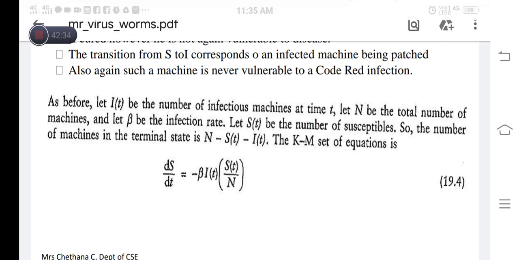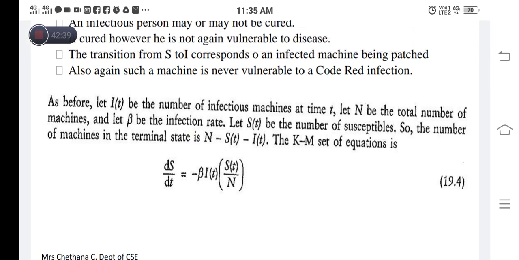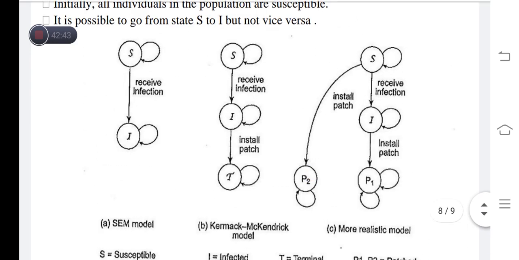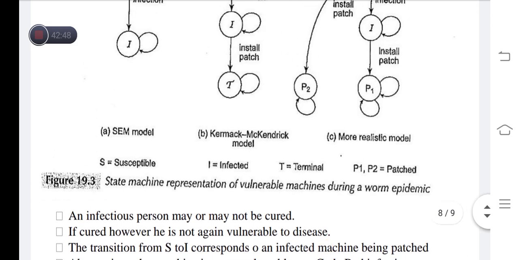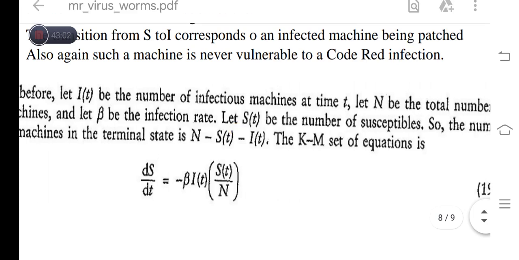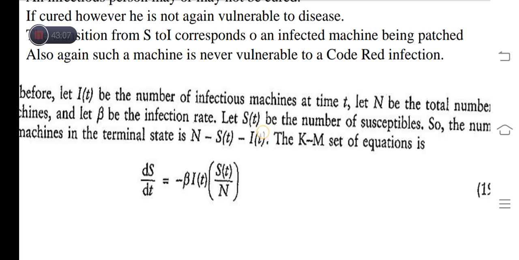The terminal state is the transition from the state I to the state T, the machines which are never vulnerable to infection again. So the number of machines in the terminal state is the total number of machines n minus the susceptible machines and the infectious machines.